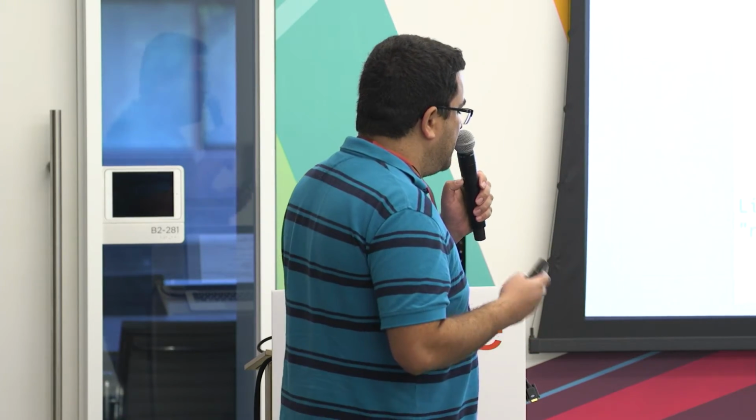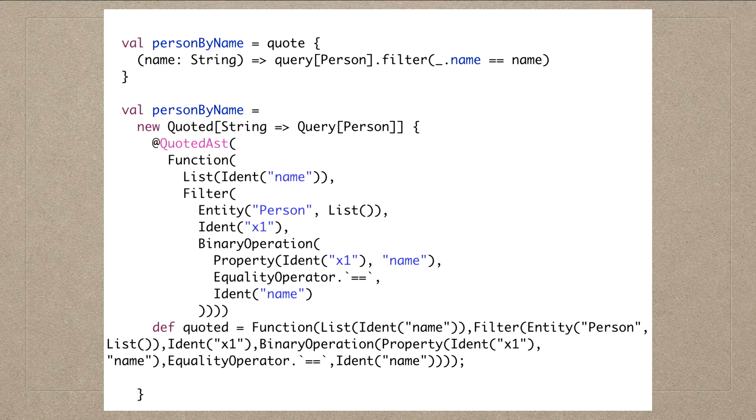And what I did was create an annotation to the method. With this annotation that has the AST, basically Scala annotations are part of the type signature in Scala. And I'm creating a type refinement that has the annotation.